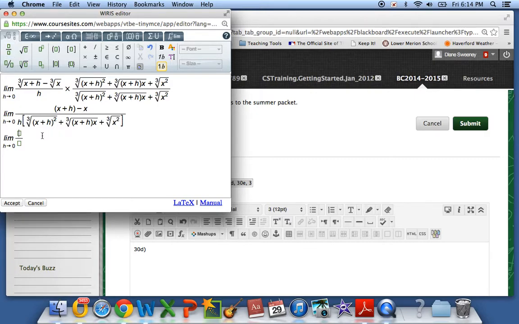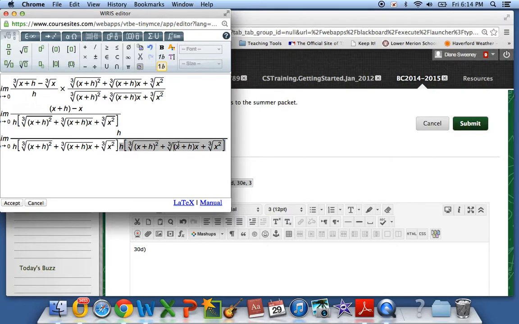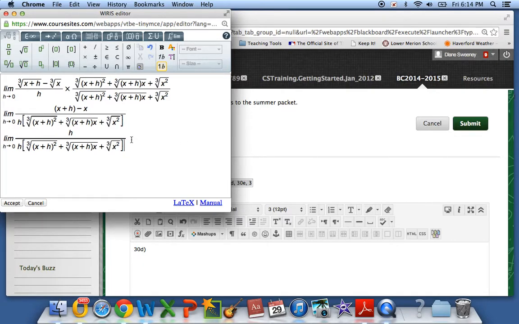On the top though, we're just going to have h, and on the bottom we're going to have this entire denominator. And then when we cancel out our h's, we're still going to be taking the limit as h approaches 0.